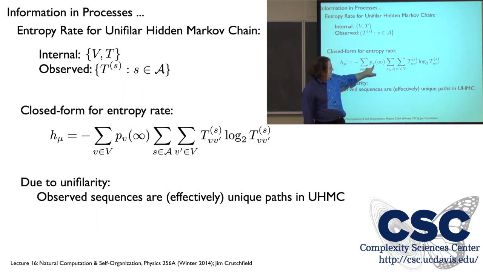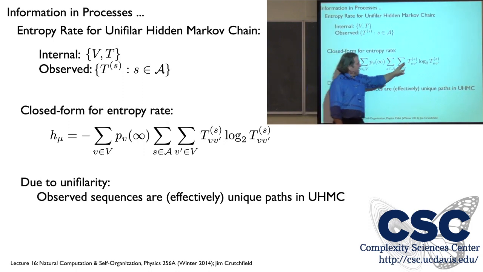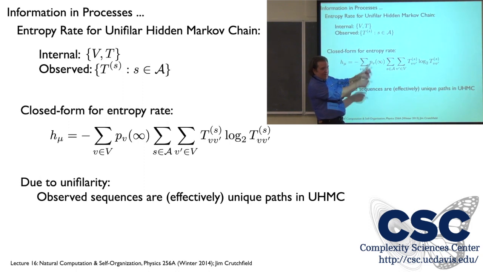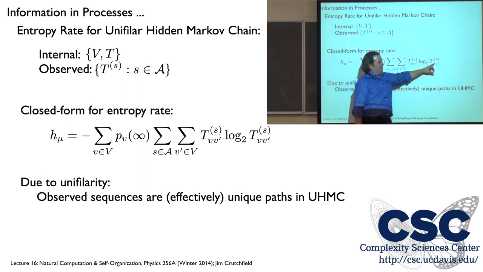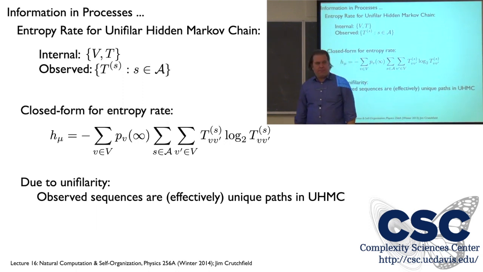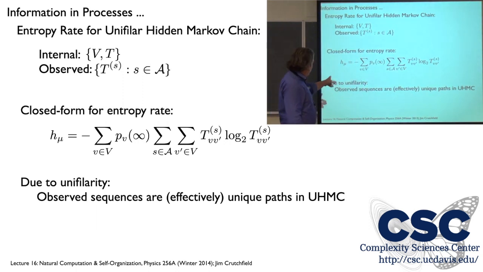I calculate the internal state asymptotic probability, so I have a state average quantity, and then I just look at the branching uncertainty in terms of the symbols that label the edges. But it's very similar to the previous formula. And this formula only works because of unifilarity, because we have this tight mapping between observed sequences and the internal state sequences.